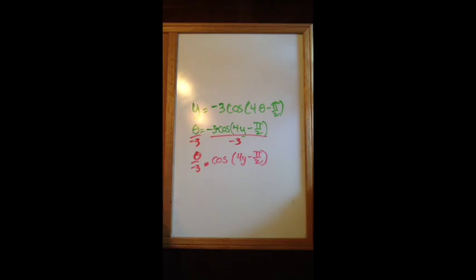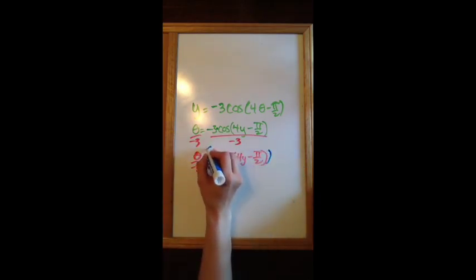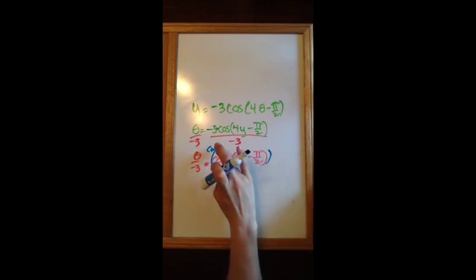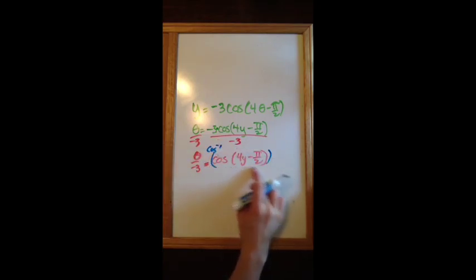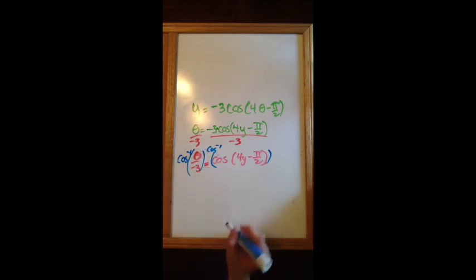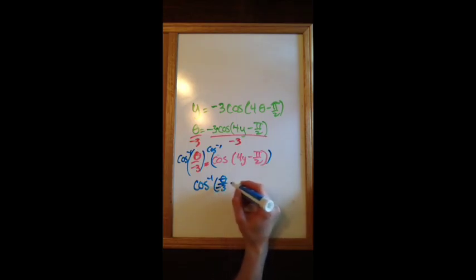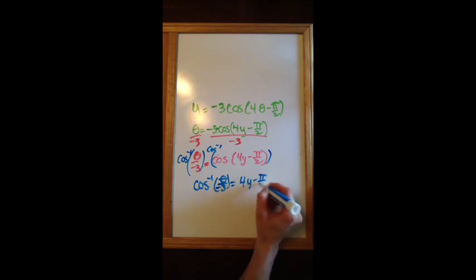To undo the cosine, I'm going to take the inverse cosine of both sides. If I take the inverse cosine of the cosine, I'm left with just this part. And if I take the inverse cosine of the left side, I just keep it as the inverse cosine of theta over -3 equals 4y minus pi halves.